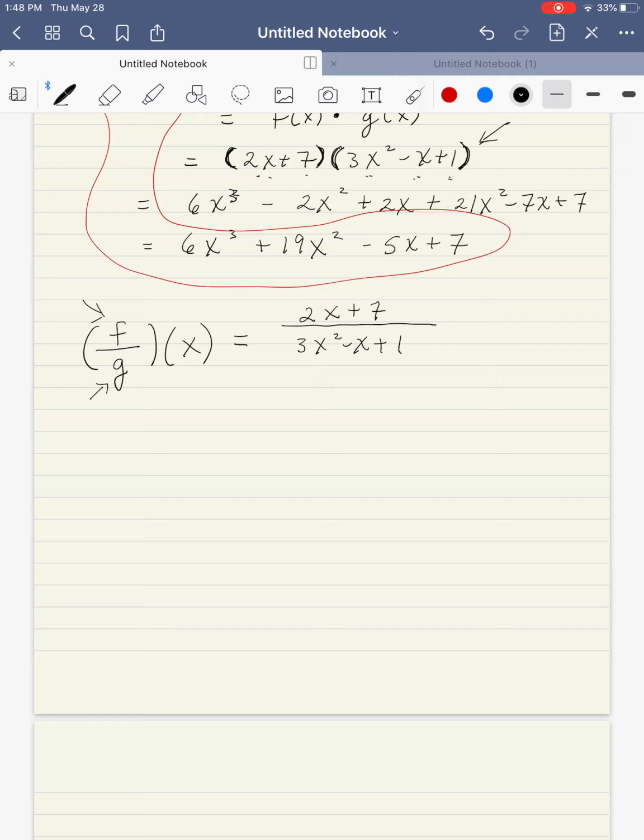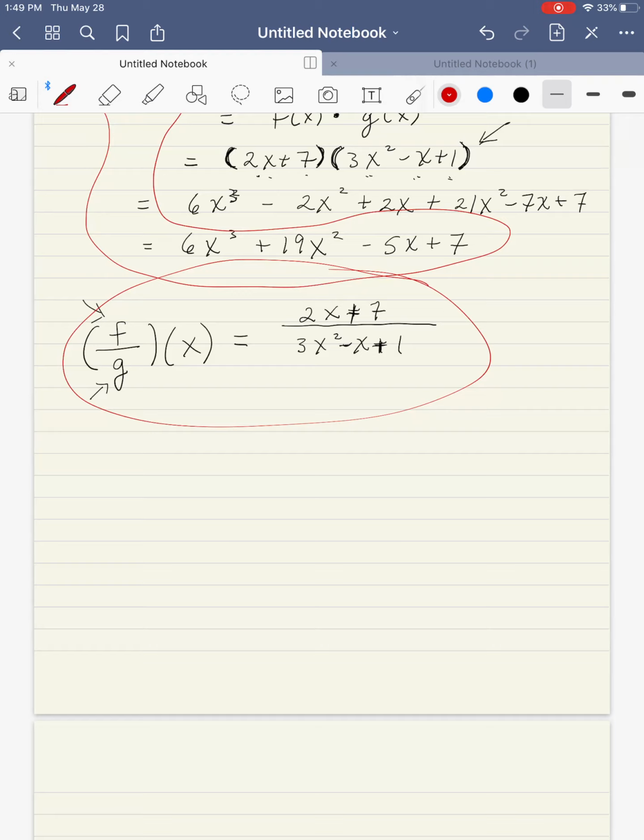And that is our new function. There's really no division that we can do here. And we certainly cannot do any canceling because of the plus signs and minus signs in between. We can only cancel if everything is multiplication. So we have found a sixth new function.